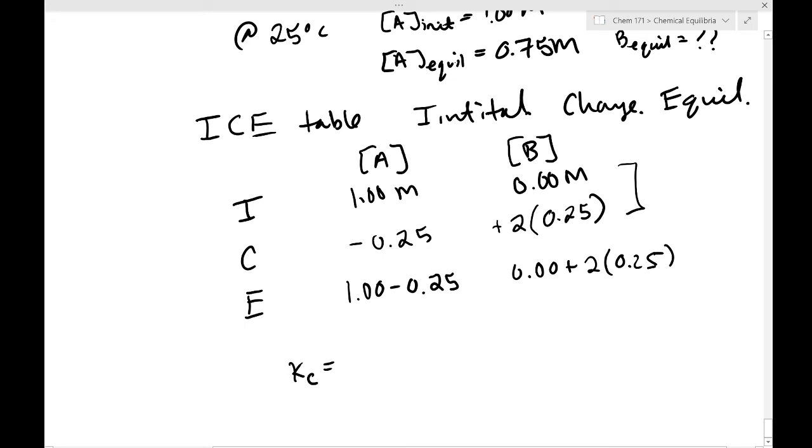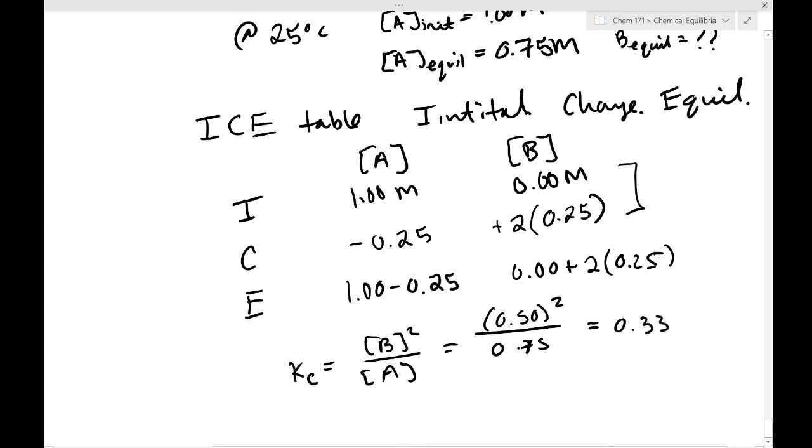Kc is equal to B squared over A, which is equal to 0.50 squared over 0.75, which is equal to 0.33. So that's the equilibrium constant.